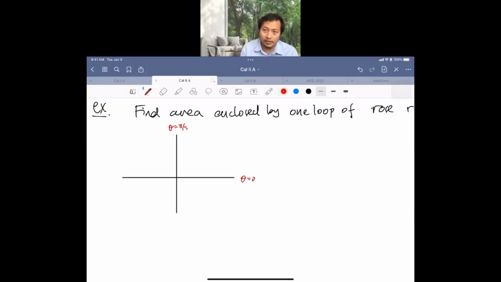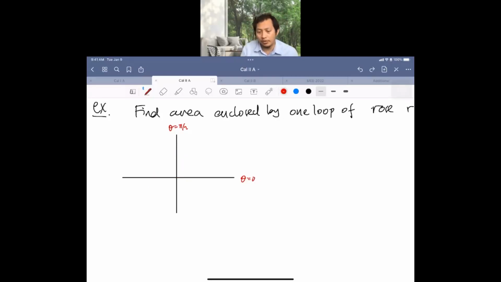It's not y or x. It's not the y-axis, it's not the x-axis. It's different. Remember that the polar always starts from theta equals 0, and as theta increases, it goes through here.